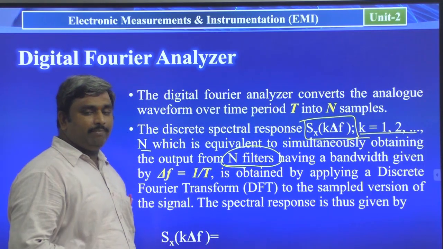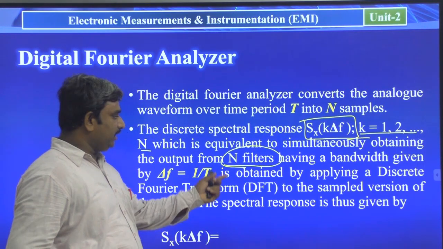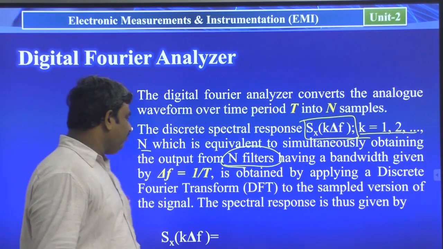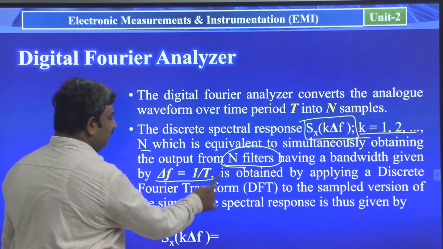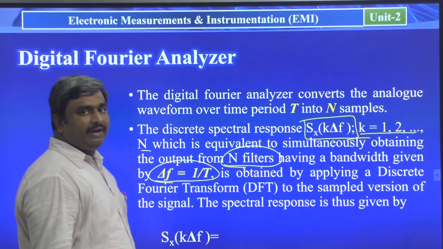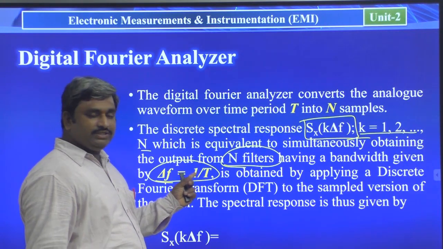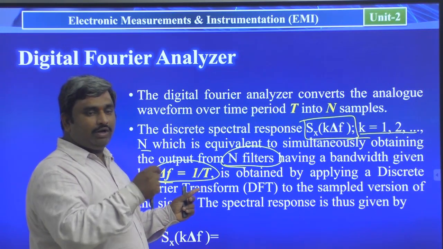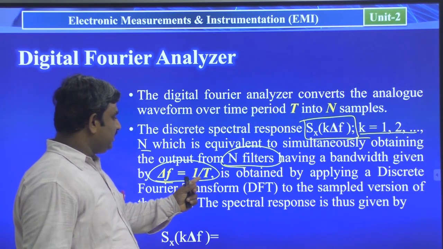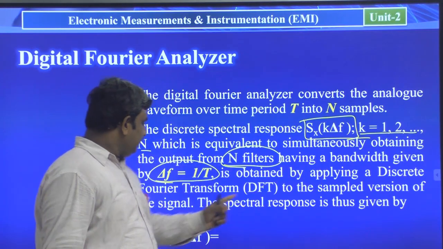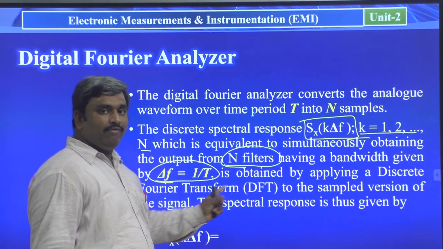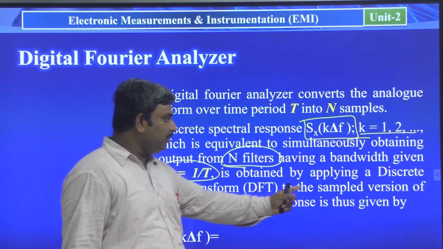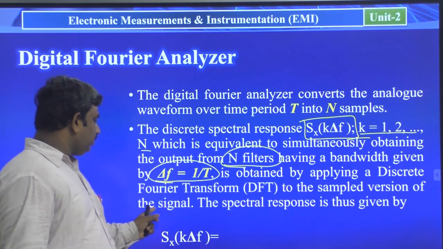We have n number of filters in that spectrum analyzer technique, having a bandwidth given by delta f is equal to 1 by t, where t is the time period of the input signal. It is obtained by applying a discrete Fourier transform, DFT, to the sampled version of the signal.